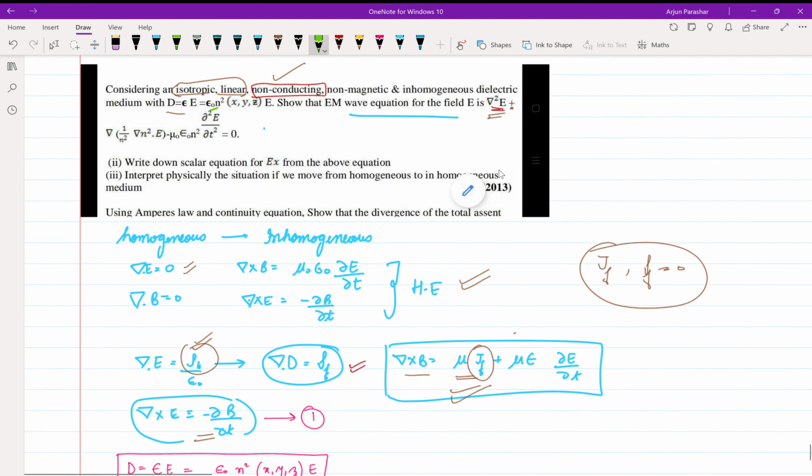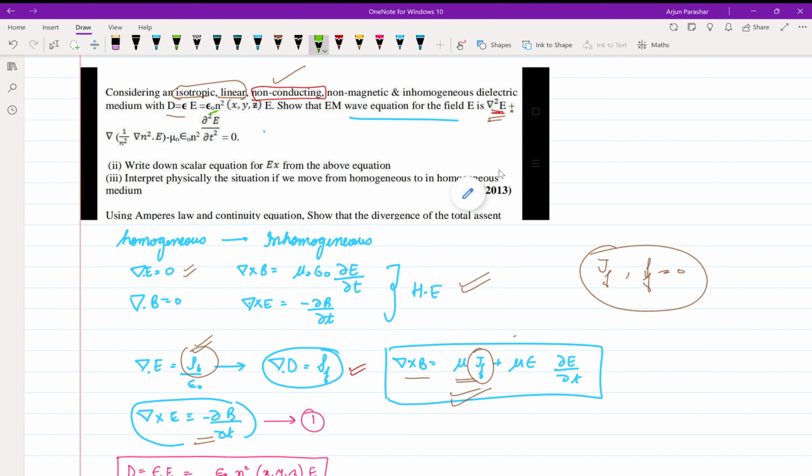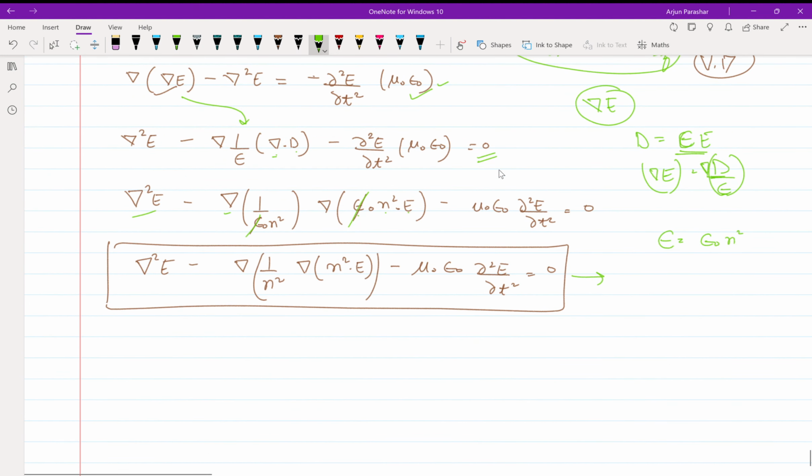So this is the wave equation. Now, what he's saying is to write down the scalar equation of Ex from the above equation. What will you do? Simply apply it to Ex, and remember n also depends on x, so you need to be very careful while solving for 1 upon n square del, because it has all three components. You can consider nx i cap, ny j cap, and nz k cap.